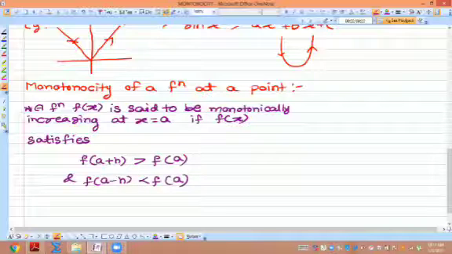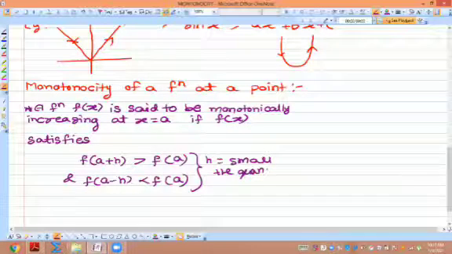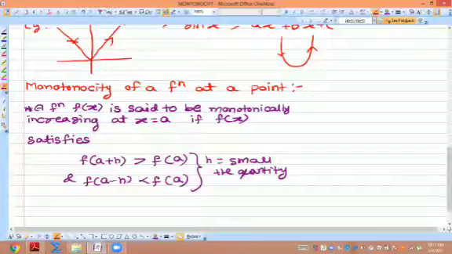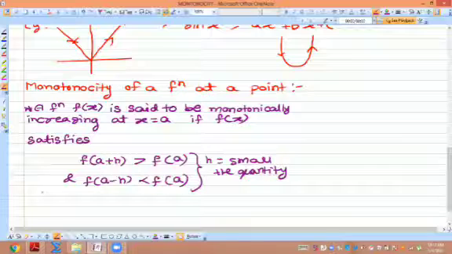What is h here? A small positive quantity. Understood about this? We are discussing in the neighborhood of a.